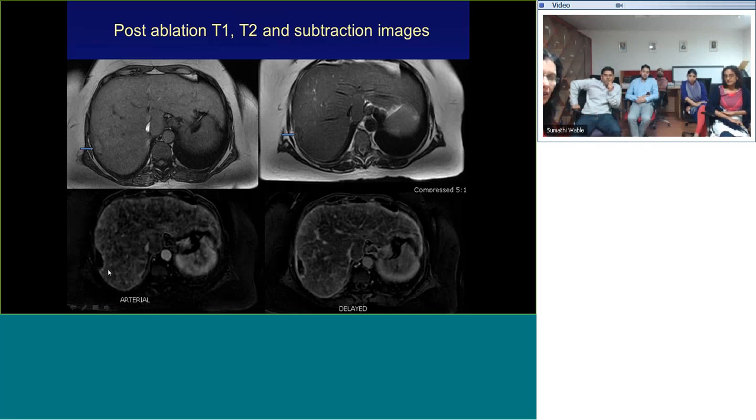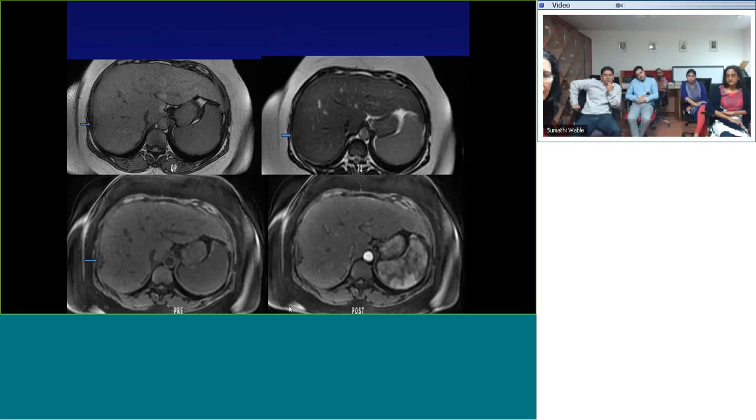Usually it's not hyperintense. And if it is successfully treated, it should not have any enhancement. And you can have a rim enhancement in the delayed images. And over time, they should decrease in size, right? Any successful ablation should decrease in size. So that's a good outcome.